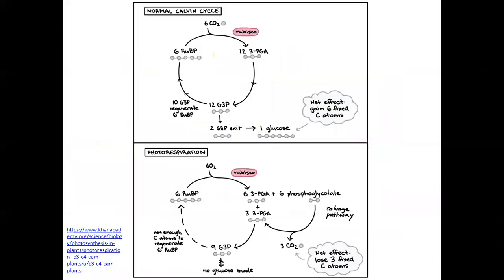Here is the general diagram of the normal Calvin cycle and photorespiration. In the normal Calvin cycle, 6 molecules of carbon dioxide are fixed by the Rubisco enzyme. They react with 6 ribulose bisphosphate, so 12 molecules of 3-phosphoglycerate are synthesized.